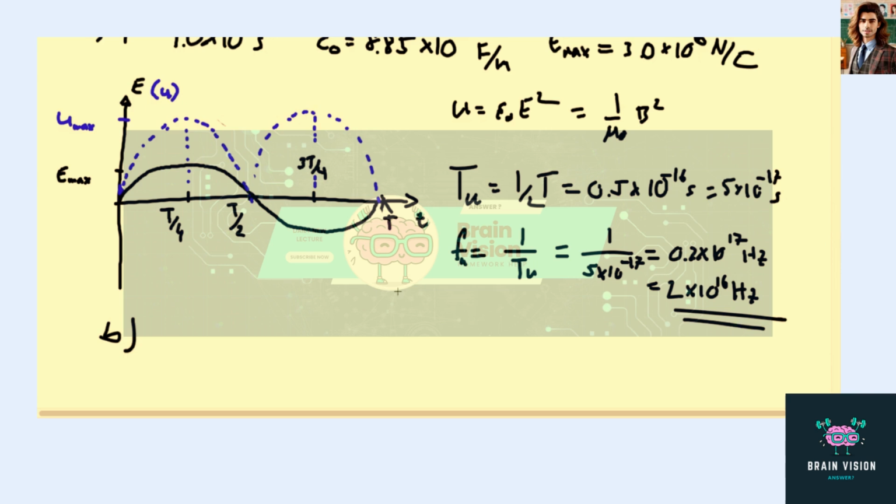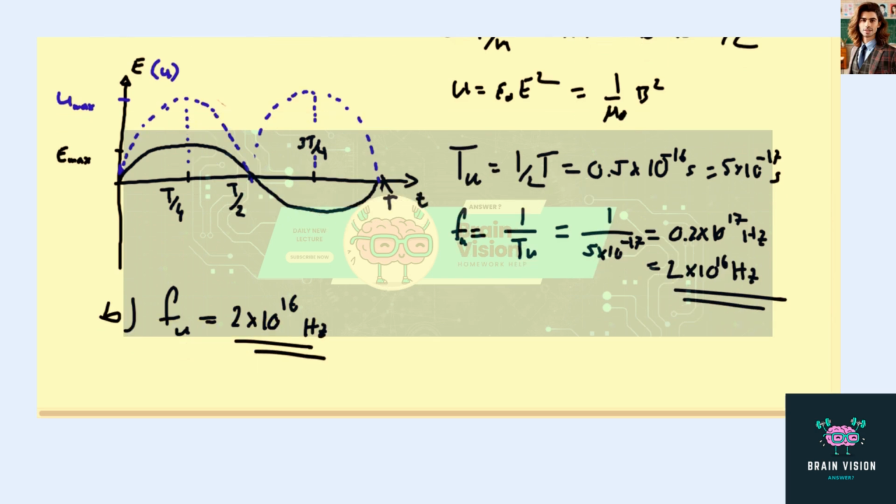So if the frequency of oscillation for the electric field energy density is F_U, then the frequency of the energy density in the magnetic field is going to be the same, also 2 times 10 to the 16 hertz. All right, so much for the frequency of the energy densities.